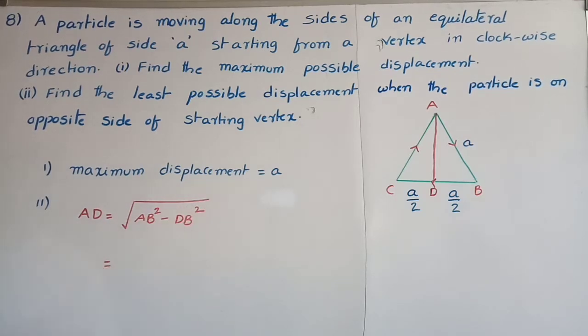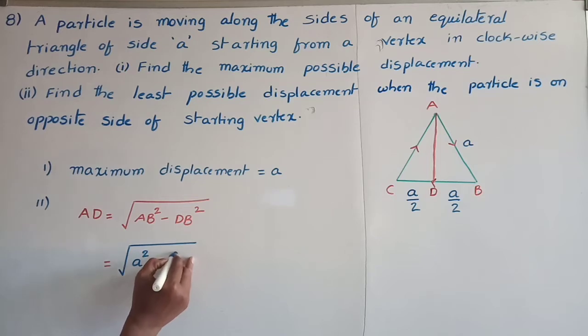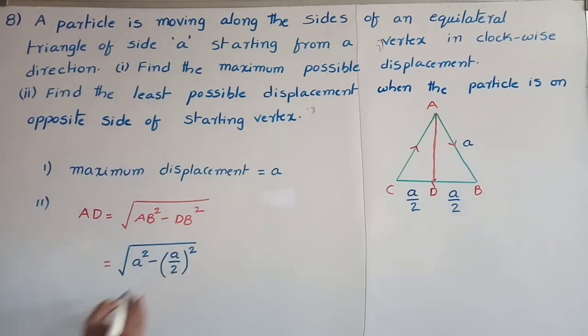which is equal to, AB is equal to A, so root over A square minus DB, which is A by 2, whole square. So from this we can write root over A square minus A square by 4.